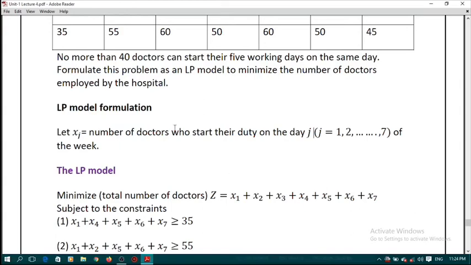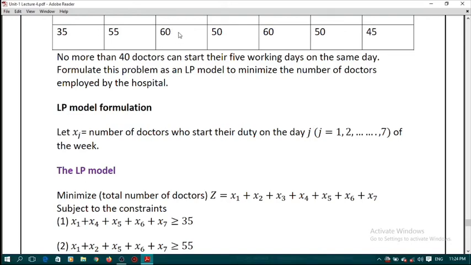So let's talk about Sunday. A doctor who starts his duty on Sunday will be present on Sunday, so that's why x1. But a doctor who starts his duty on Monday won't be present on Sunday, because all doctors have 5 consecutive working days and 2 days off.